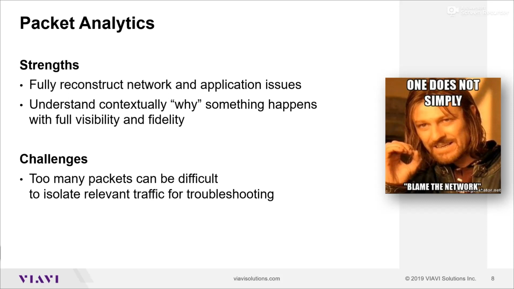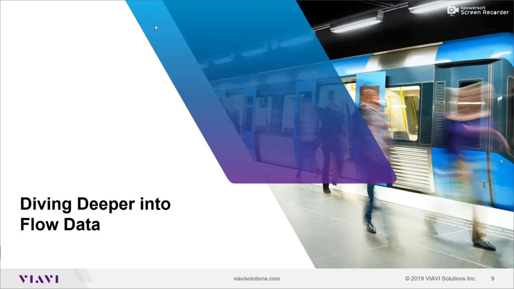What we're going to take a look at next, because most of the people on the call are obviously very familiar with technologies like SNMP and machine data, as well as packets, is spending a little bit of time understanding how flows evolve, what new capabilities really exist, or I guess underutilized capabilities exist with Flow, and then bringing it all together within a single interface. And what does that look like? So with that, I'm going to go ahead and turn it over to Charles to take a deeper dive into Flow data.